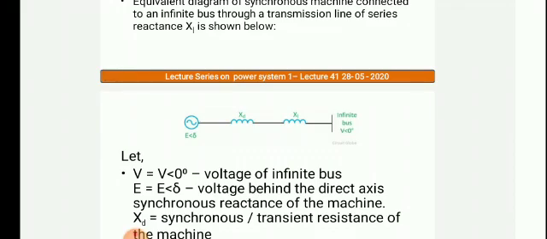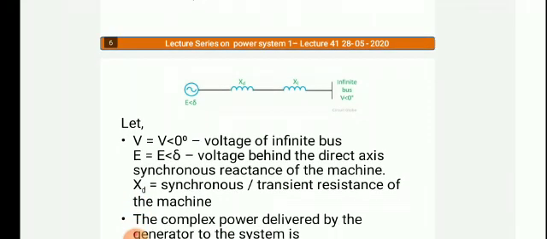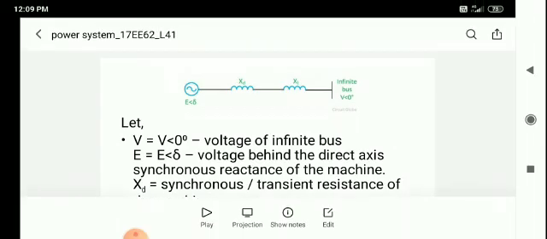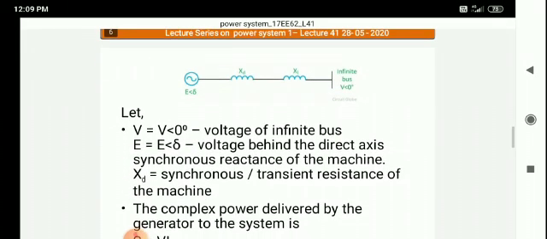E at an angle of delta, that is the load angle, is connected to an infinite bus with a voltage reference V at an angle of 0. Xt is the synchronous or transient reactance of the machine, and XL is the reactance of the transmission line.